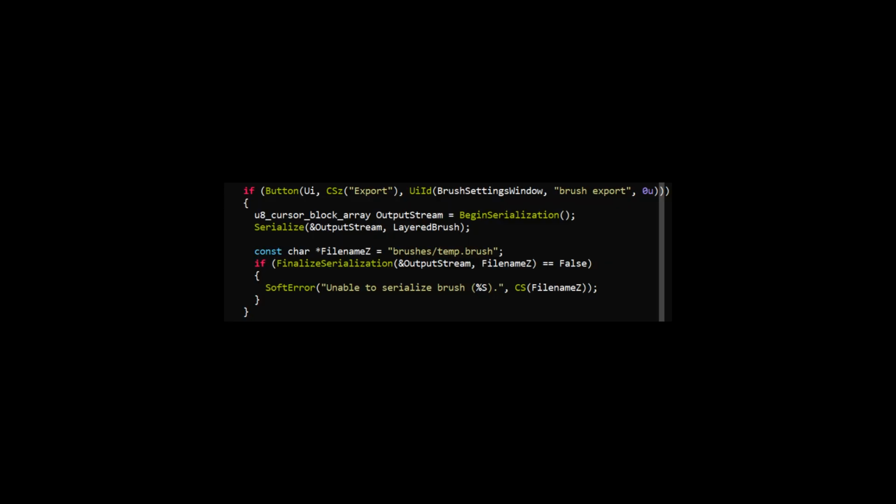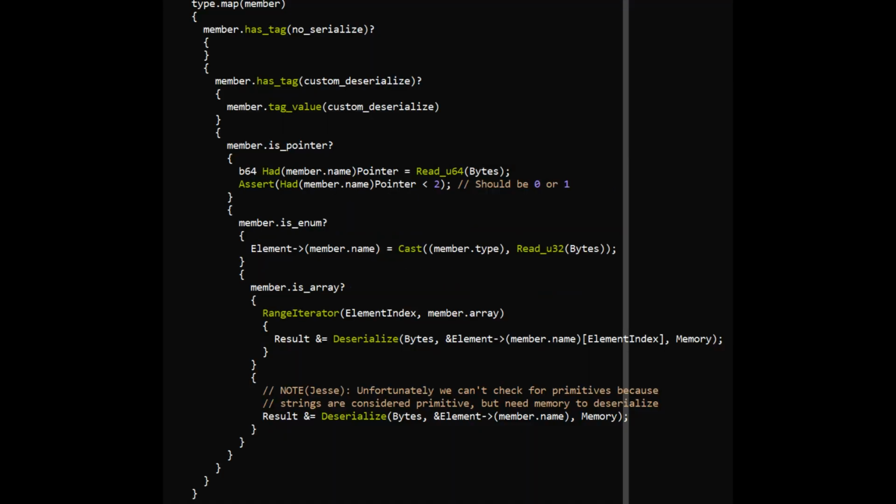The other nice thing I did was to streamline the serialization process in the engine, and it's worked out pretty good so far. The general idea behind the serializer is that I actually wrote a metaprogramming language to help with this kind of thing.